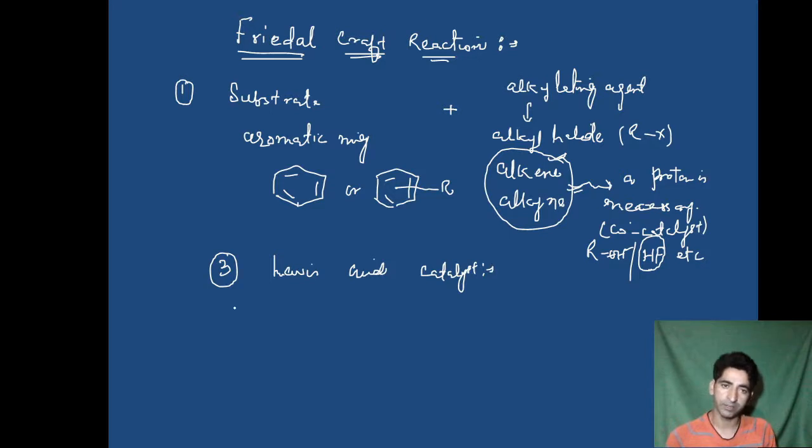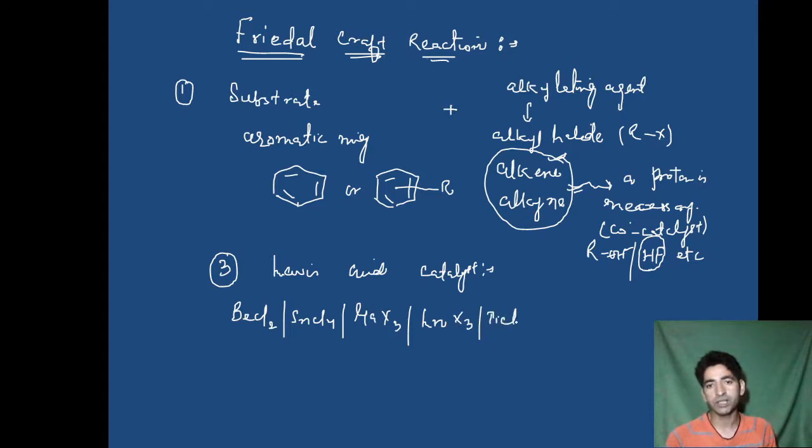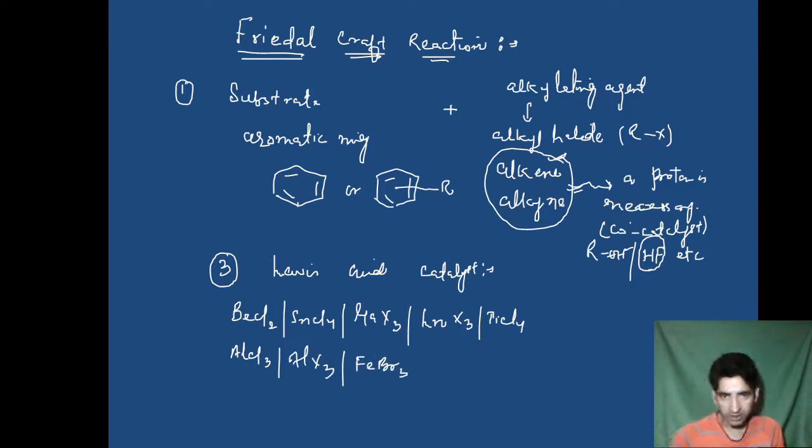It's an electron deficient species like BeCl2, or tin tetrachloride, or gallium trihalides, or lanthanum trihalides, trihalides of lanthanides, or titanium tetrachloride, or AlCl3 or AlX3, or FeBr3. These are some Lewis acid catalysts which are used in this reaction.